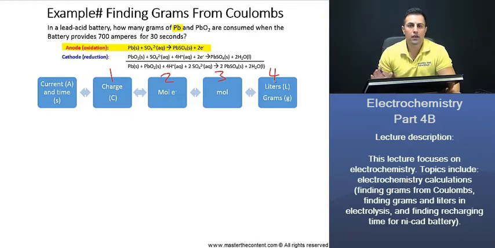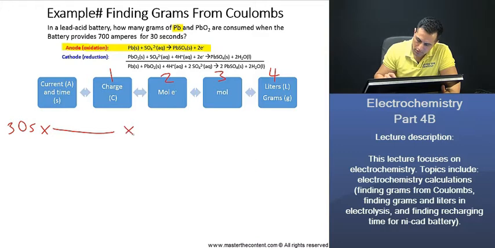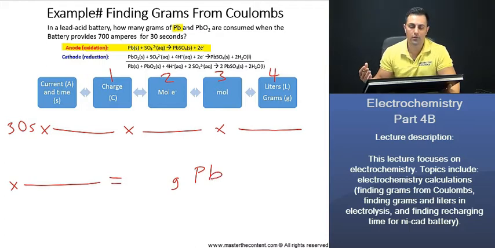And we don't even need to write down the numbers. We can just write down our conversions initially, and that's going to give us our grams of lead. There we are. We're already set up.